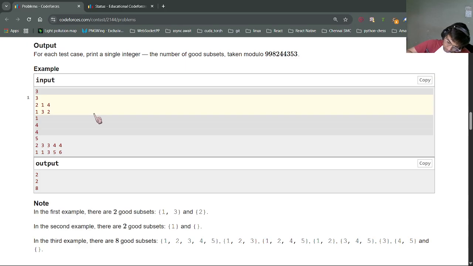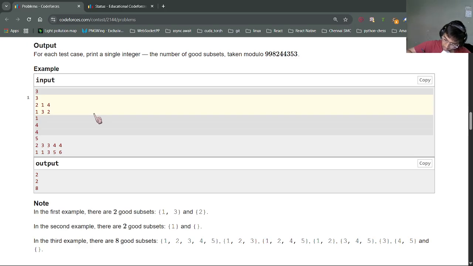Now starting from two, one at a time we get two. Two at a time, we get two, three, two, four. Three at a time, we get two, three, four. Four at a time, impossible. From three, one at a time we get three, two at a time we get three, four.